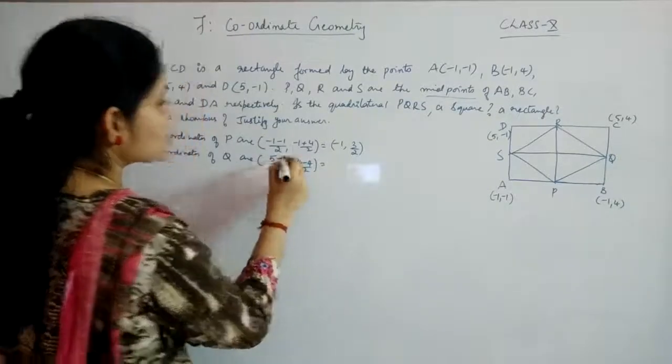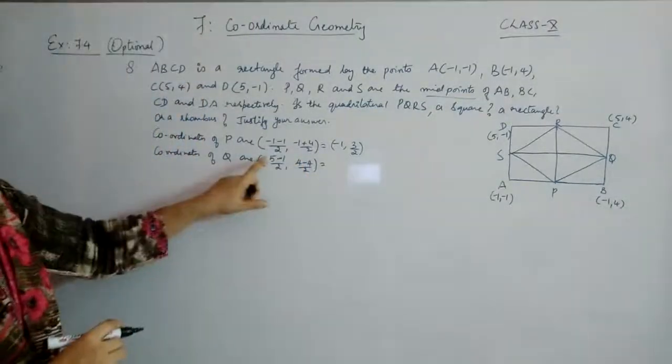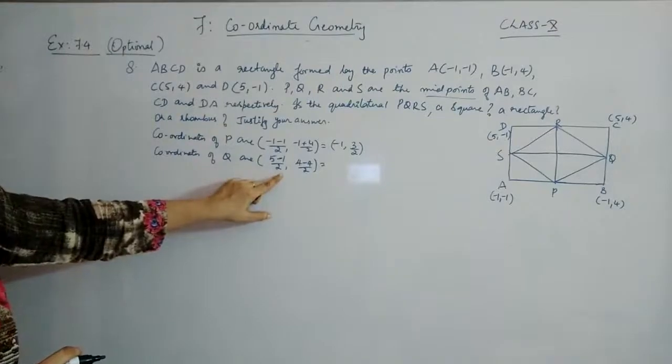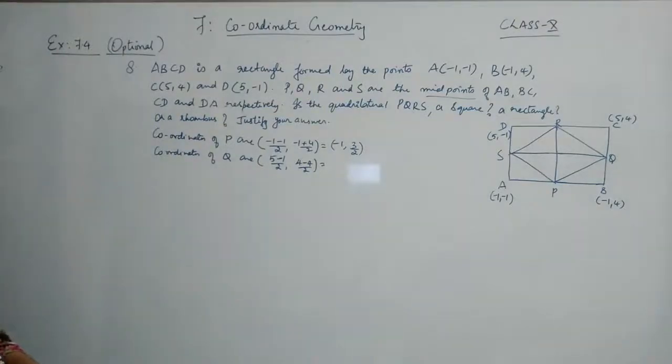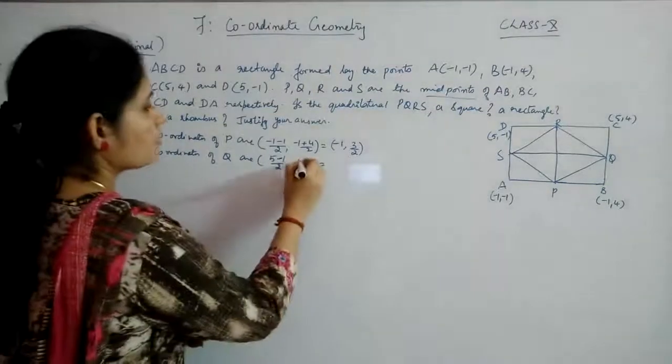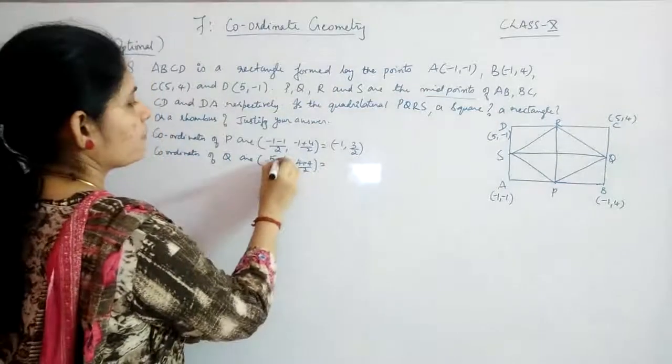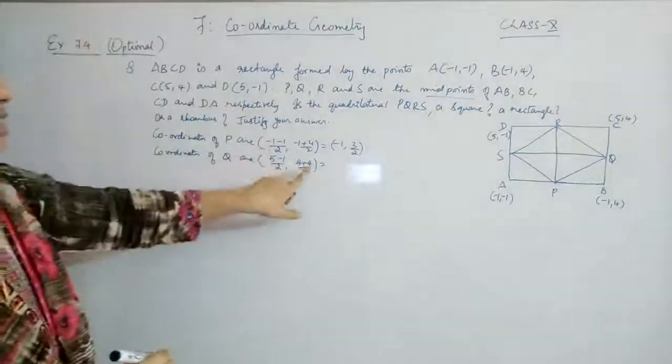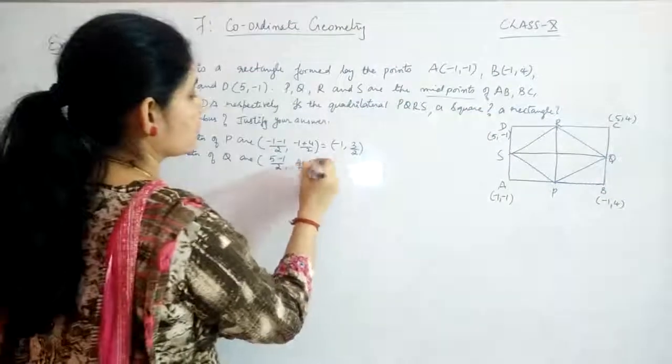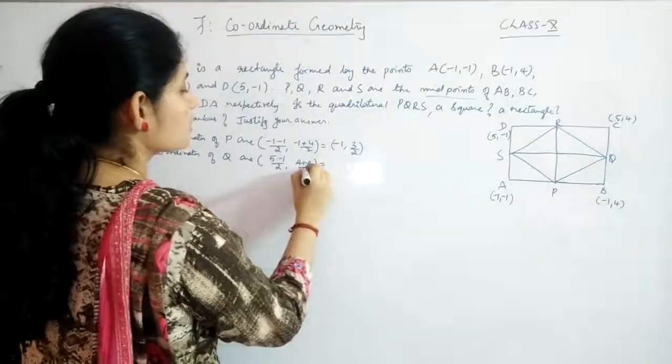That is 5 minus 1 giving 4, 4/2 is 2, and for the other, here you have 4 plus 4 which gives 8/2, that is 4.